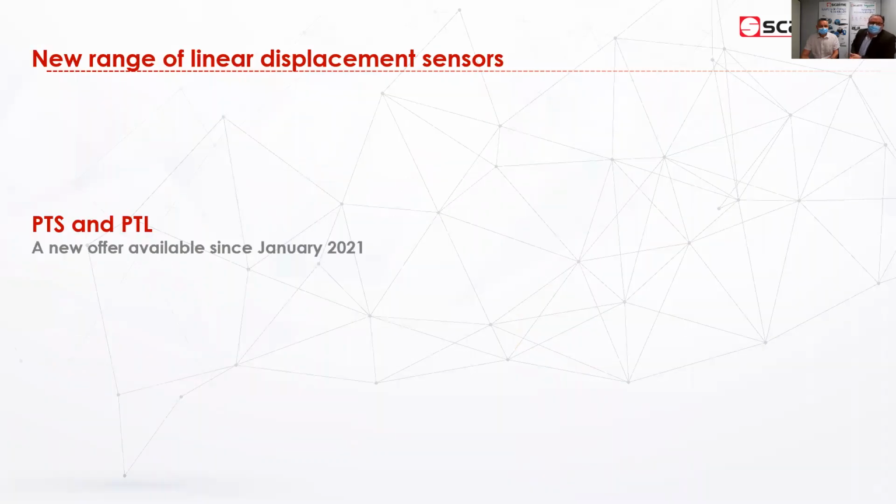Okay, so we are very pleased to introduce you our new range of cable-activated displacement sensors called PTS and PTL sensors. We launched this new range last January, and here is the presentation of everything you need to know about this range and everything you can do with it, with examples of applications that might be of interest for you.